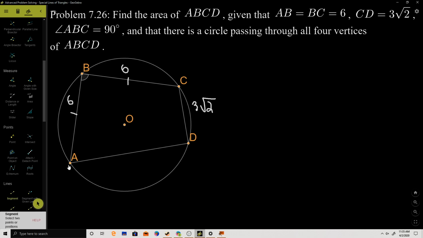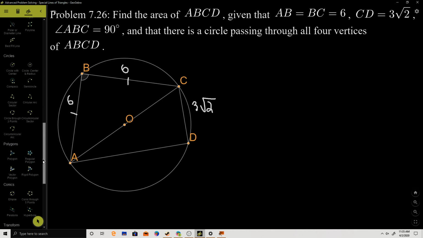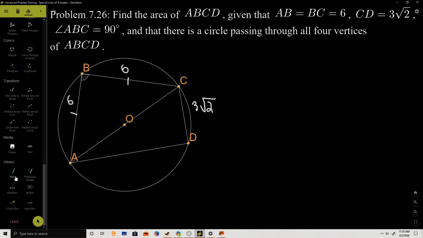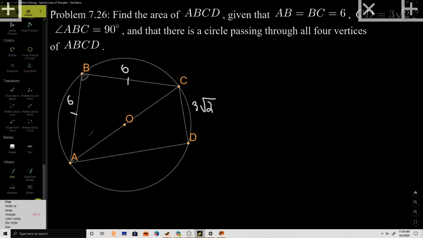Now, we know a lot of stuff about isosceles triangles. And since these two sides are the same, I think that if I make a triangle from A to C, we'll get a nice isosceles triangle. Specifically, that's also a right triangle. That means it has to be a 45-90 triangle.